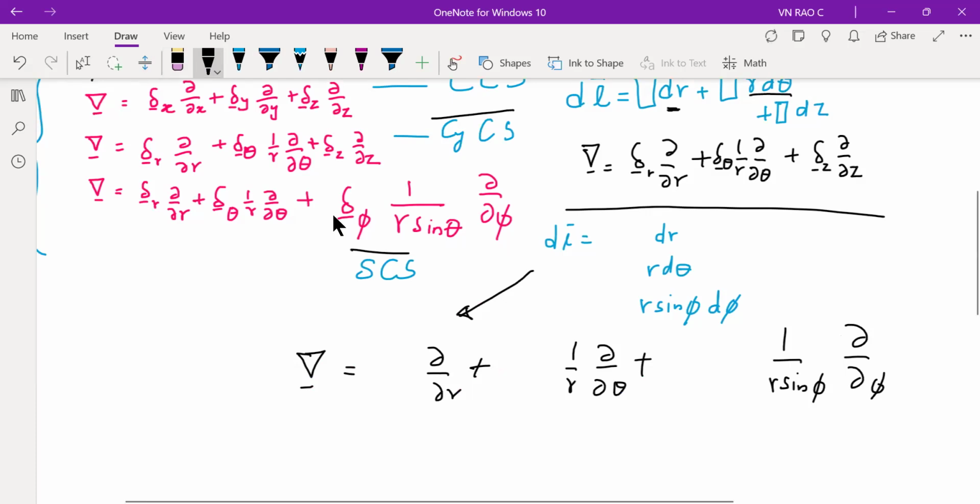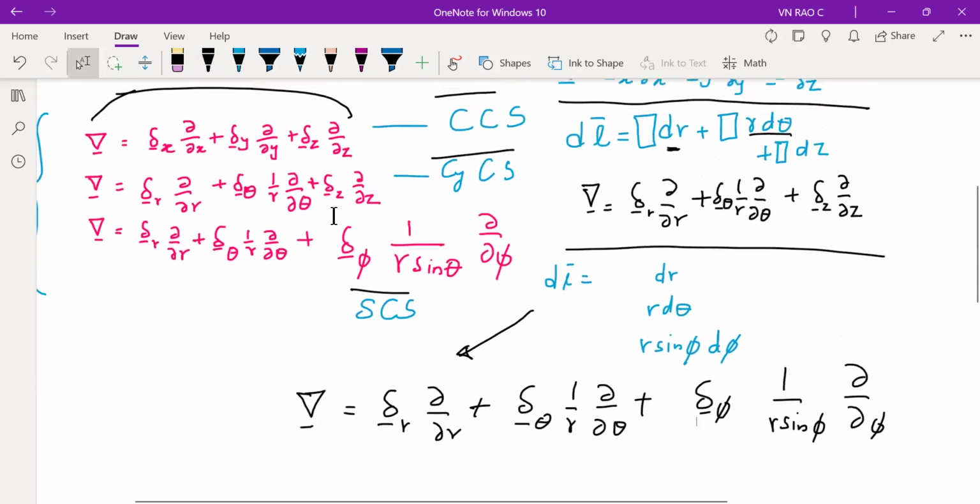You need to add the unit vector terms, which show the direction: delta r, delta theta, delta phi. So this is the del operator in spherical coordinates.